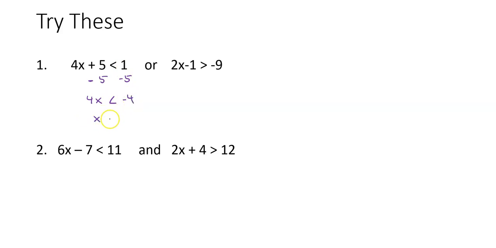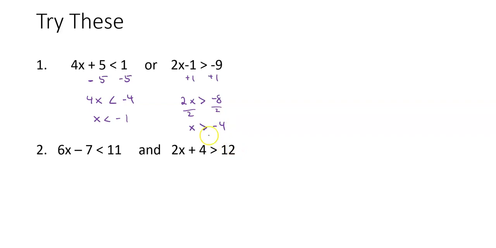When we divide through by 4, negative 4 divided by 4 is negative 1. So we get x is less than negative 1. Over here, if we add a 1 to both sides, we get 2x is greater than negative 8. Divide through by 2, and we get x is greater than negative 4.